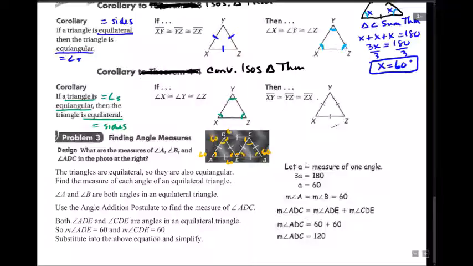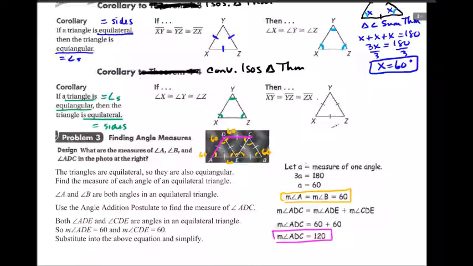And this angle up here measures 60 degrees. So when we are asked for angle ADC, that angle right there, I know that it's 60 plus 60, and I get 120. So the measure of angle A and B are 60 degrees, and the measure of angle ADC is 120 degrees.